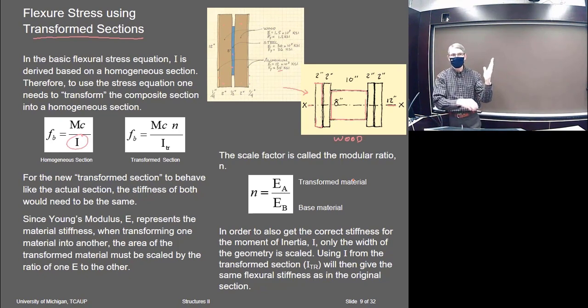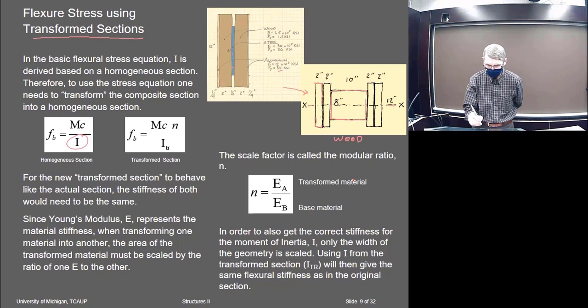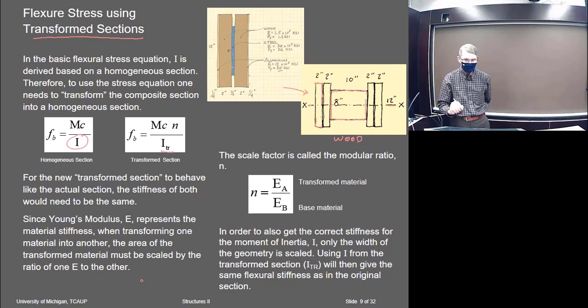It's a fictitious construct. You're not actually going to make it, obviously, but now you can calculate the moment of inertia for that diagram, and it will give you the correct moment of inertia. This is the transformed section moment of inertia, and then we can use that in the moment equation.